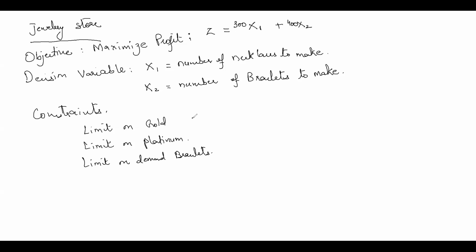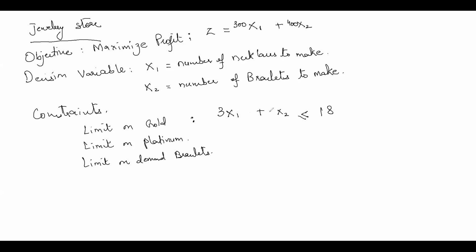As for the gold, we know from the question that we have a maximum of 18 ounces. So whatever we make should be less than or equal to 18. Each necklace uses 3 ounces of gold. So this first line refers to gold.